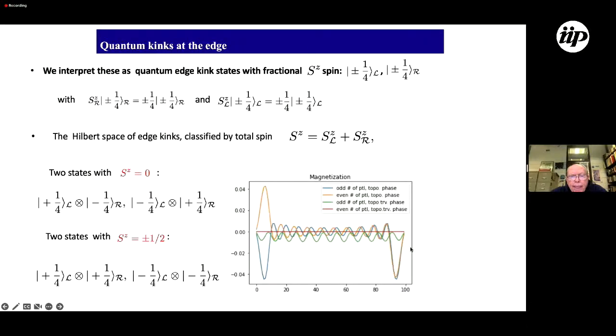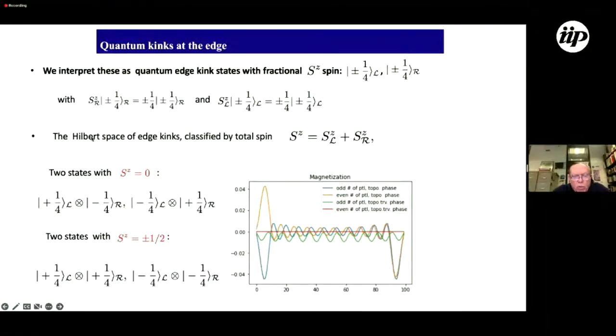So we interpret this as quantum edge kinks with fractional spin S_z equal to quarter. So we have plus quarter at the right-hand side, plus minus quarter on the left-hand side.